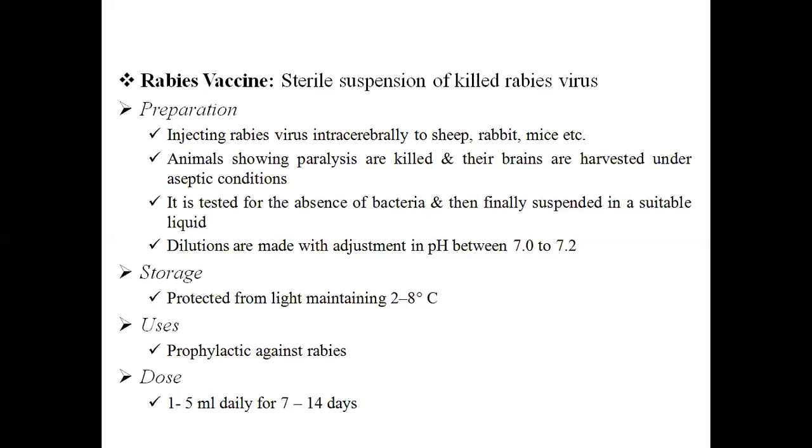The vaccines must comply with the tests for sterility and the test for undue toxicity for vaccines. Storage of these vaccines: the vaccines should be stored in container protected from light and maintaining a storage temperature between 2 degrees centigrade and 8 degrees centigrade, and it should not be used until the absence of live virus has been established.